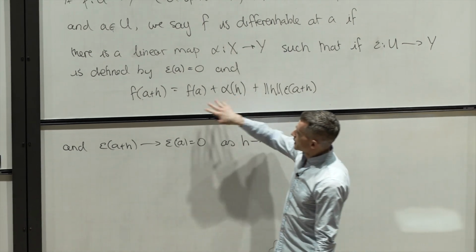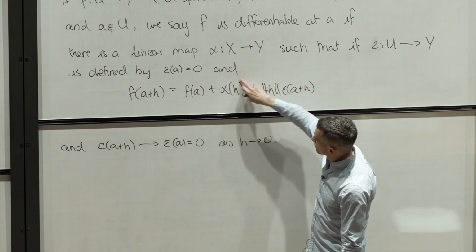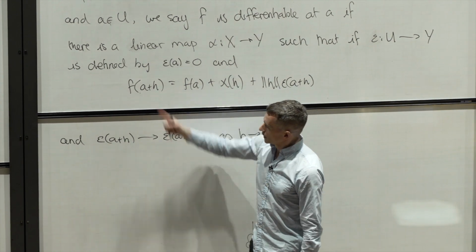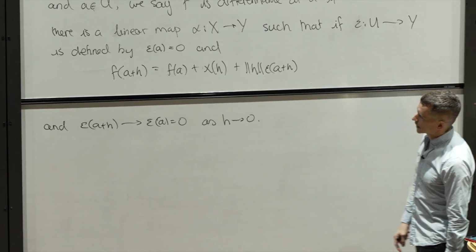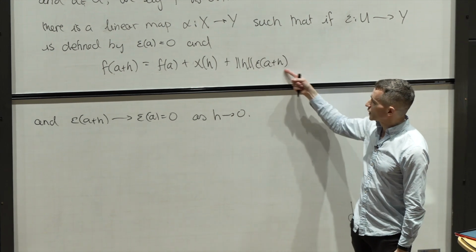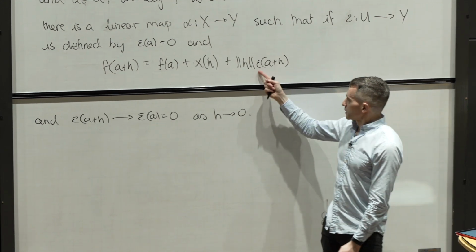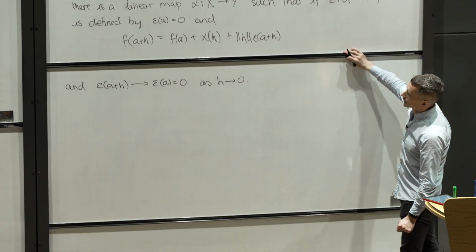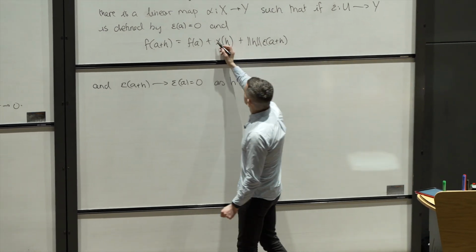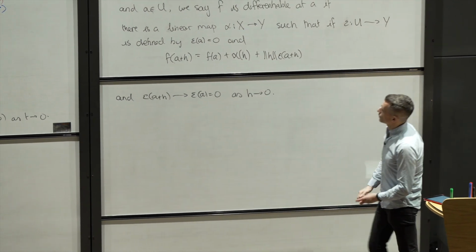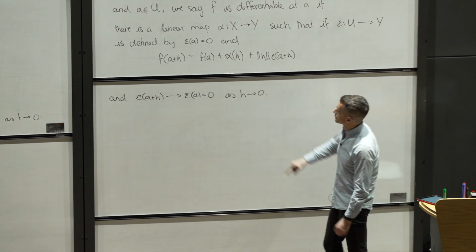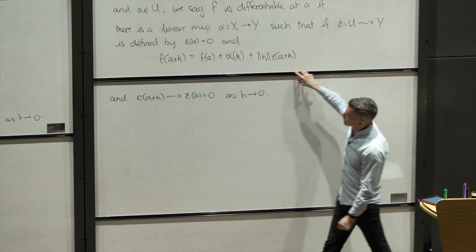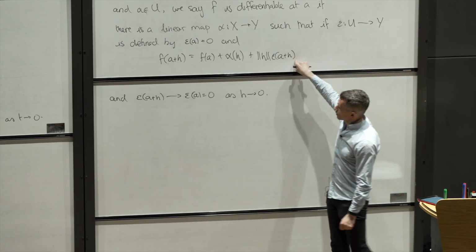So it's saying that the linear map alpha applied to h gives you an approximation to the function f of a plus h which is at least as good as the length of h. Actually, because we know all linear maps are bounded, you can see from that fact that there can be at most one linear map with this property.